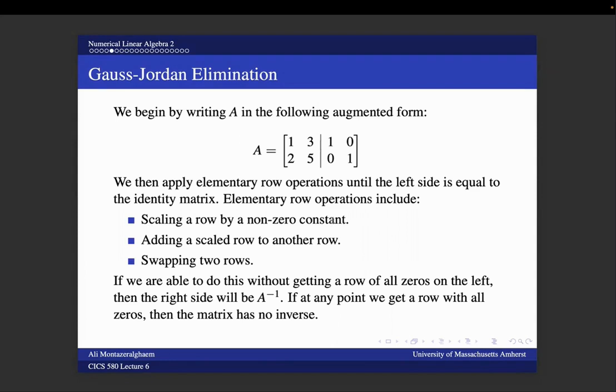This means that we can scale a row with positive or negative numbers, or we can add a scaled row to another row and then replace the original one with that. And also we can swap two rows. These are the operations that we can use in this algorithm.